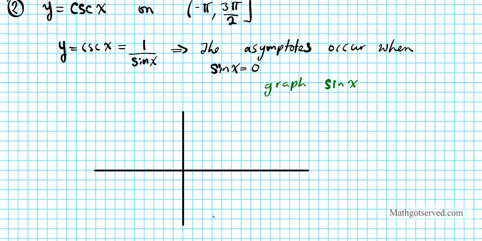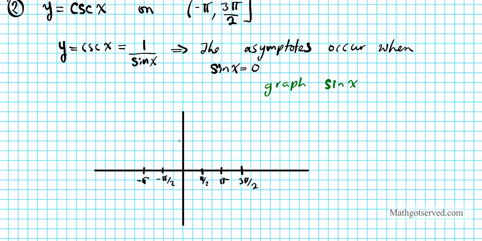Okay, and now we're going to calibrate our coordinate system. Let's use 2 ticks for pi over 2. So this is negative pi over 2, and then this is negative pi. And then this is positive pi over 2, positive pi, positive 3 pi over 2.